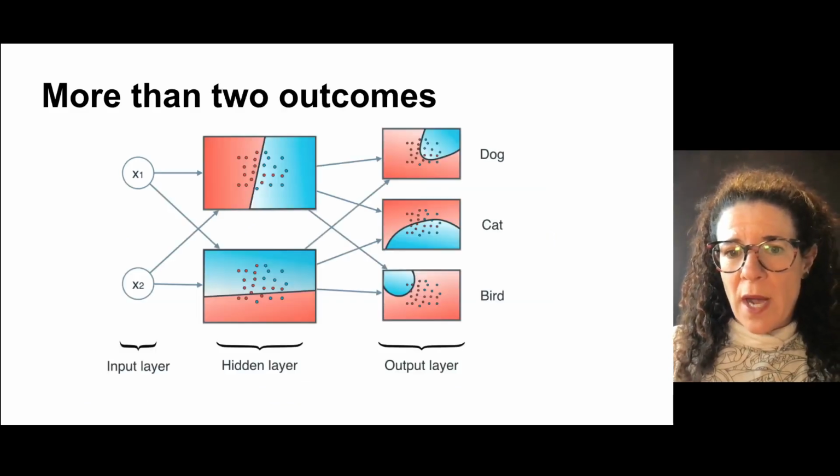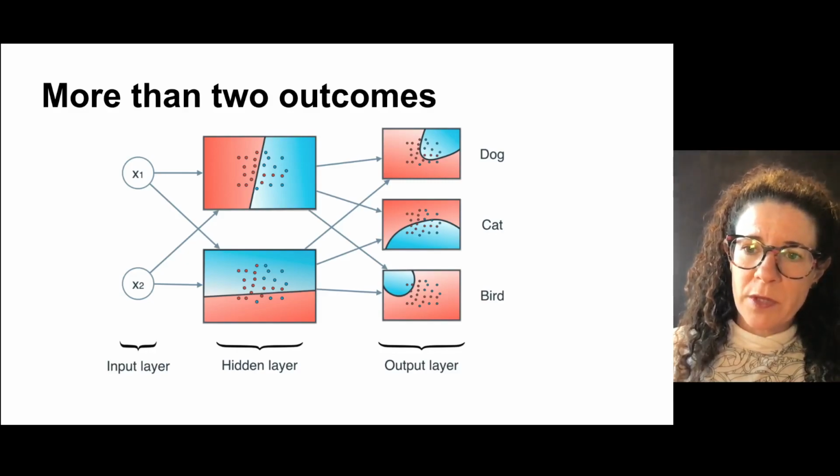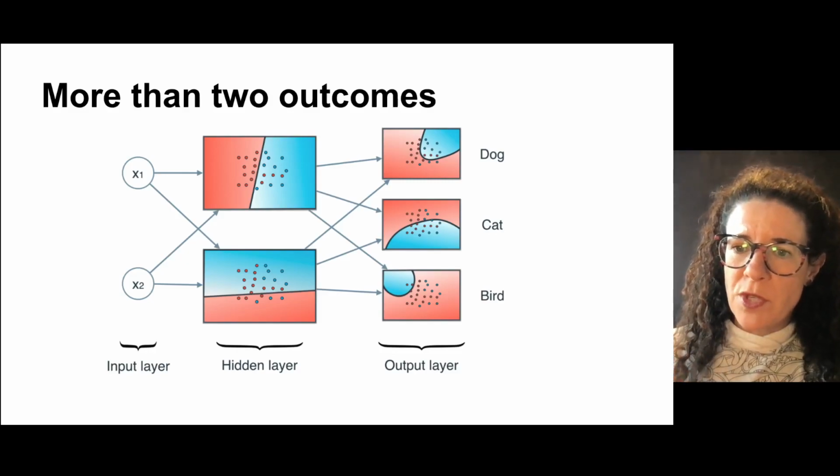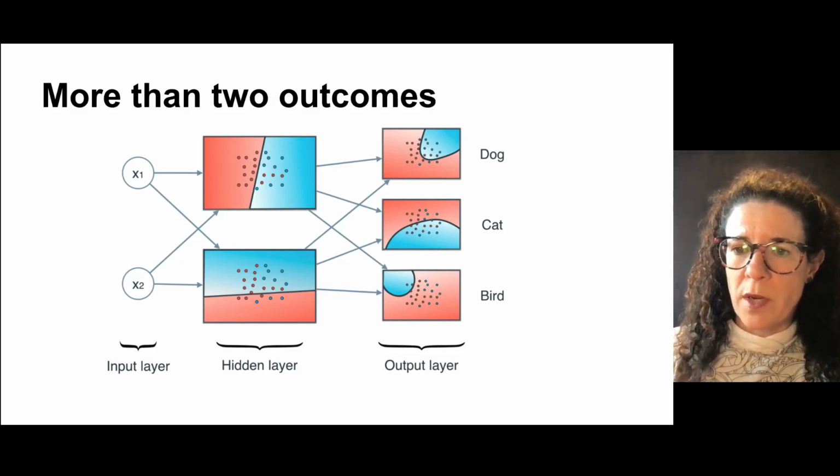Now, you can also have more than 2 outcomes. And in that case, we're going to have a neuron per output. So when the output is binary, we just need 1 neuron because you just want a probability, so just one number.